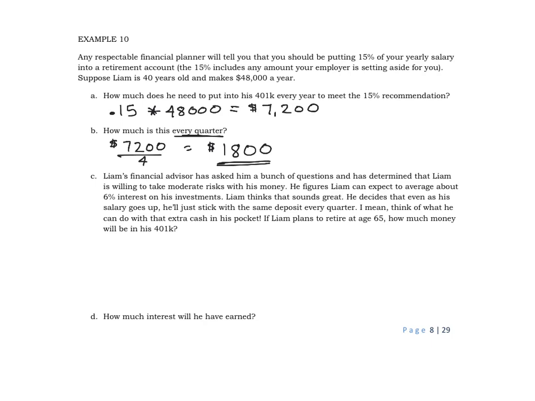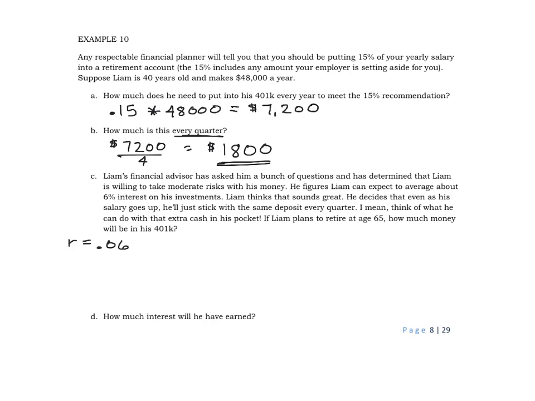It looks like Liam is willing to take moderate risk with his money. He figures he can expect to average about 6% interest on his investments. Let's go ahead and write that down. He decides that even if his salary goes up, he'll just stick with the same deposit every quarter.